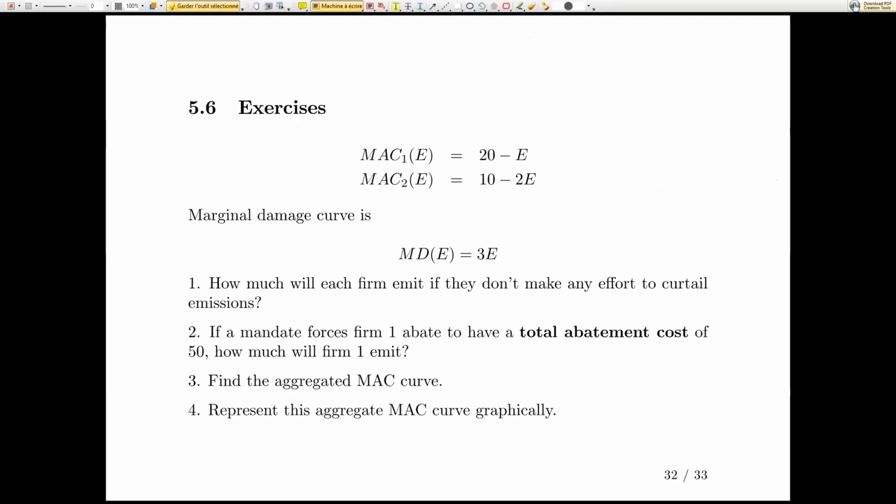All right, so some exercises about this. So I just give you two abatement costs. So two firms that abate have marginal abatement costs, and the marginal damage curve, which is 3E. So should we start with this? Yeah, since we're in this topic, let's do that one. So what I'm going to do is just try and do that with you and not check the answers.